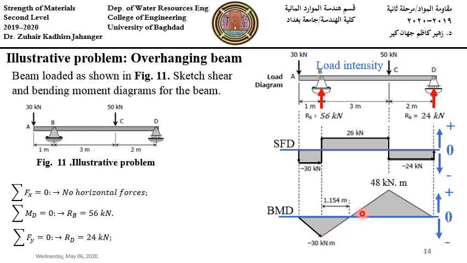Then from B to C, again we have a uniform shear intensity, and the bending moment at C equals the bending moment at B plus the delta moment between B and C, which equals the area of the shear between B and C. So 26 times 3, 78, plus minus 30 equals 48.